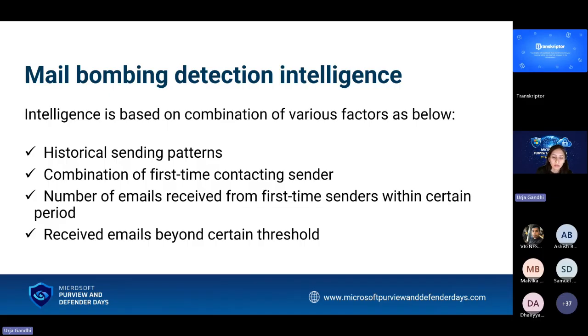Then there's a threshold that we set to see how many emails were received beyond a particular threshold within a certain period of time, combined with first contact sender, historical sending patterns, or relationships not established between the sender and receiver. Then it triggers saying this is a mail bombing activity, and I can see that this is going on in your mailbox.